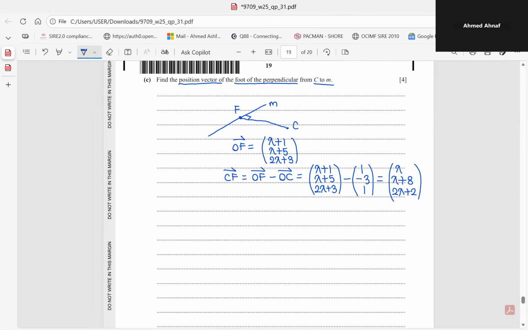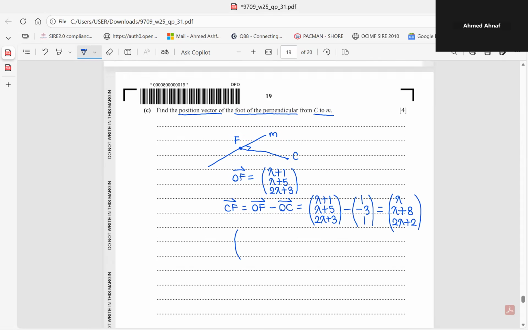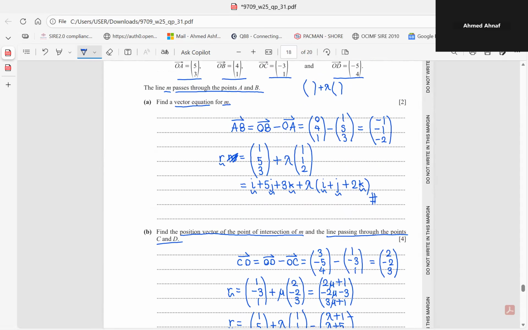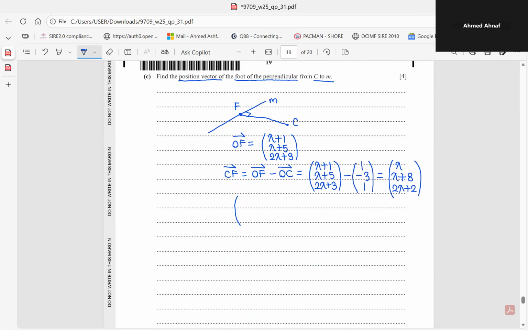So we can say that the scalar product of the direction vector of M, which we found out to be 1, 1, 2, dotted with CF, lambda, lambda plus 8, and 2 lambda plus 2, we can make it equal to 0.